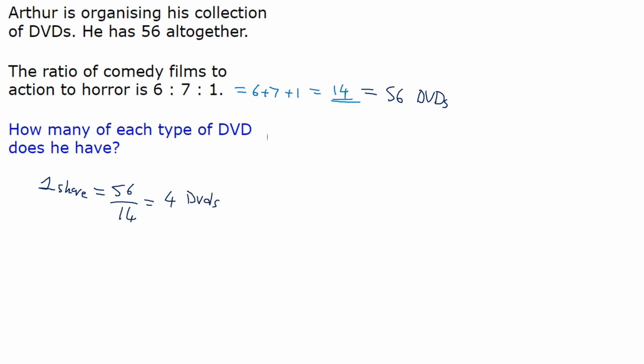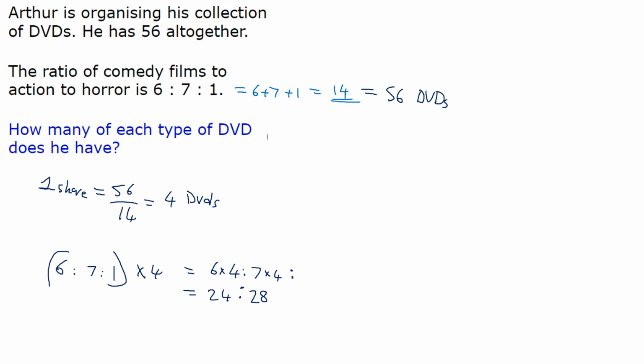Okay. So all we're going to do is multiply 6, 7, and 1 by 4. 6 times 4 is equal to 24. 7 times 4 is equal to 28.